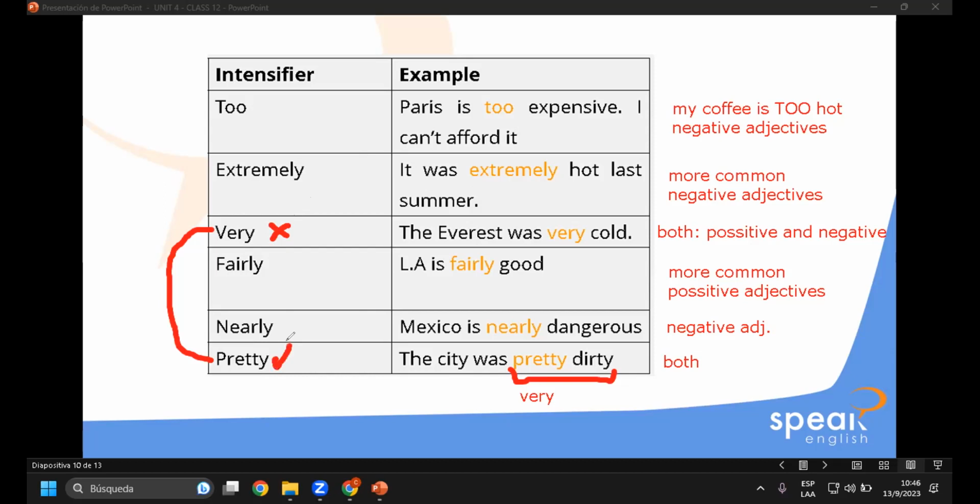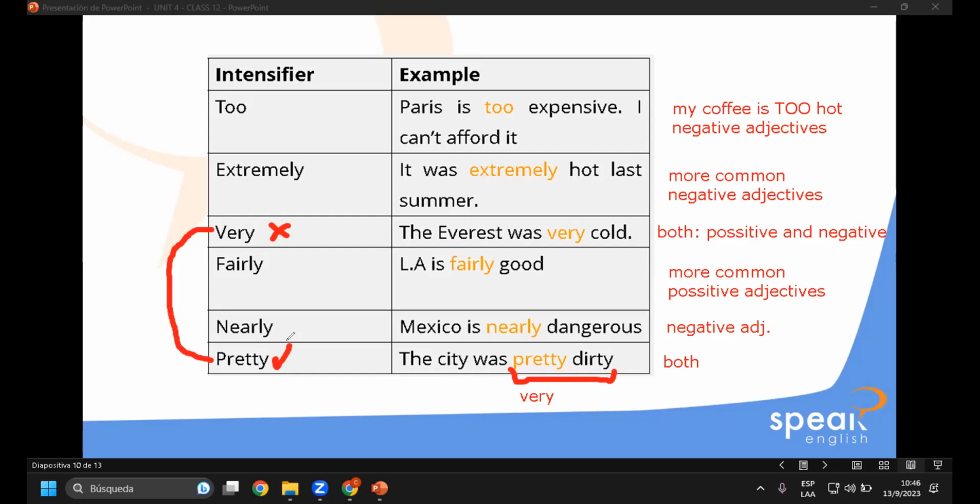My city is pretty dangerous. My city is pretty safe. We can use it with both adjectives, positive and negative. Can you tell me sentences about your city using pretty? My city is pretty quiet.